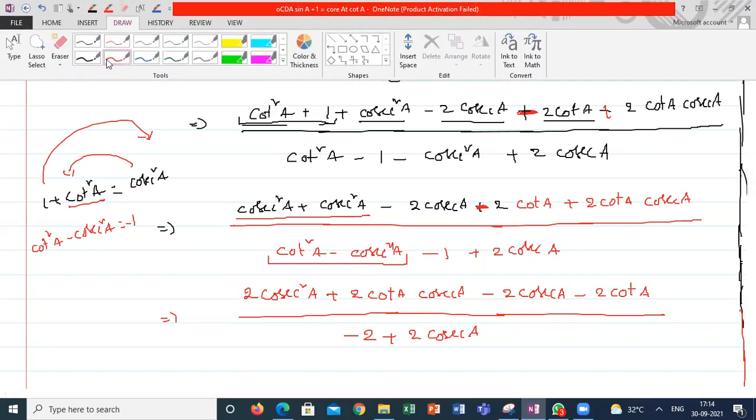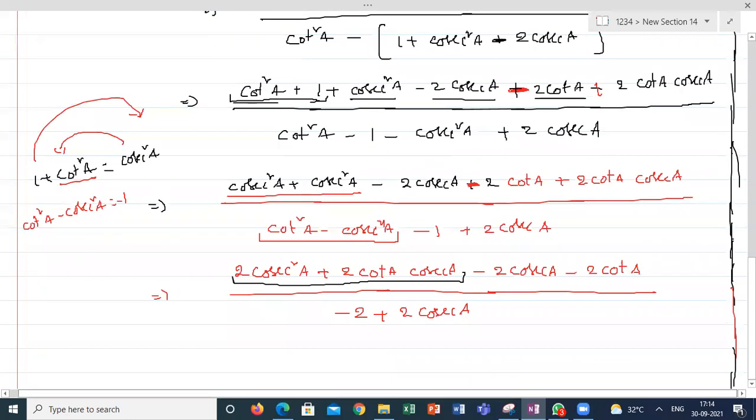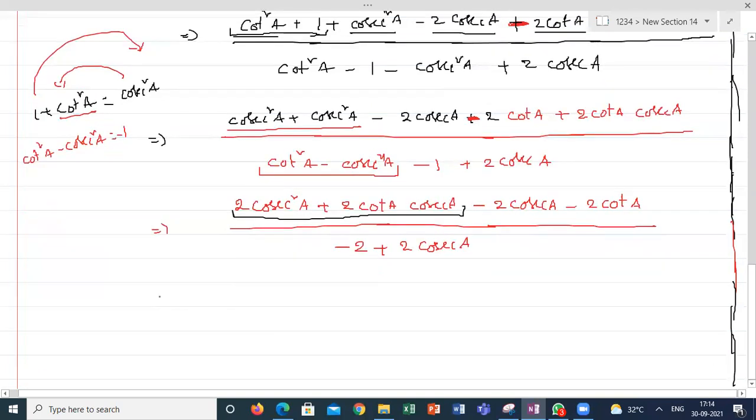I'm factorizing now to cancel the denominator because the left side is a simple equation. From this, I can take cosecant A common. Taking 2 cosecant A common, I will get cosecant A plus cot A.